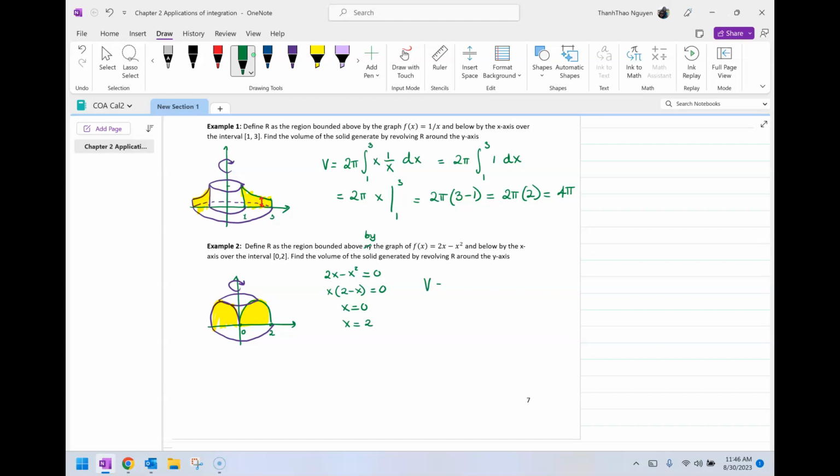So the volume is 2 pi times the radius x, where x varies between 0 and 2, times f of x, that is 2x minus x squared, dx. And let's solve this integral.